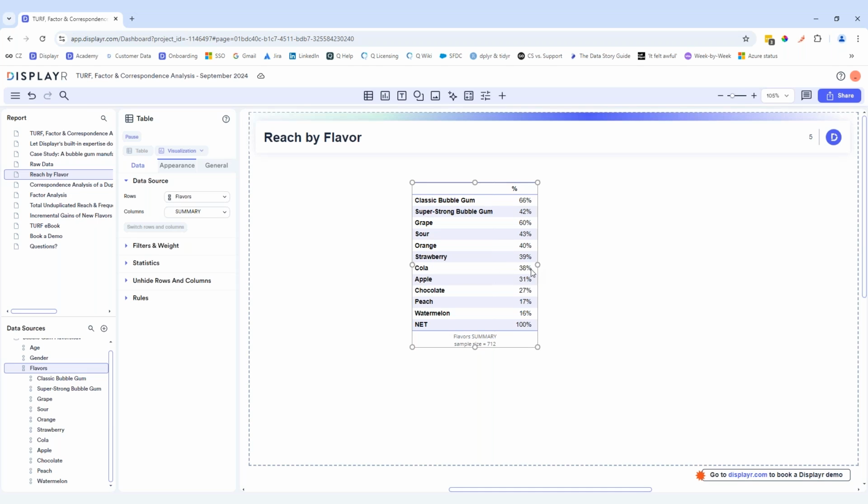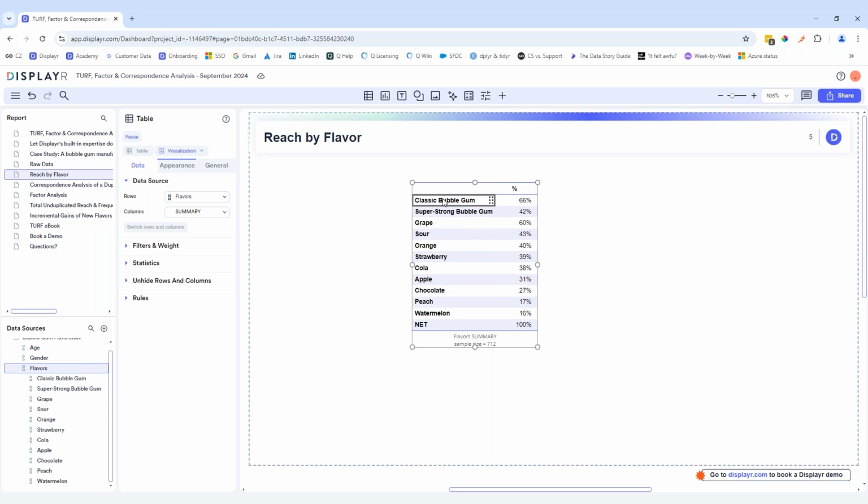Now, if you add these percentages together, you'd get 104%, which is impossible. You can't just sum the percentages and ignore the duplication or overlap that exists due to people who like both flavors. What we need to do is calculate the total unduplicated reach of the two flavors.